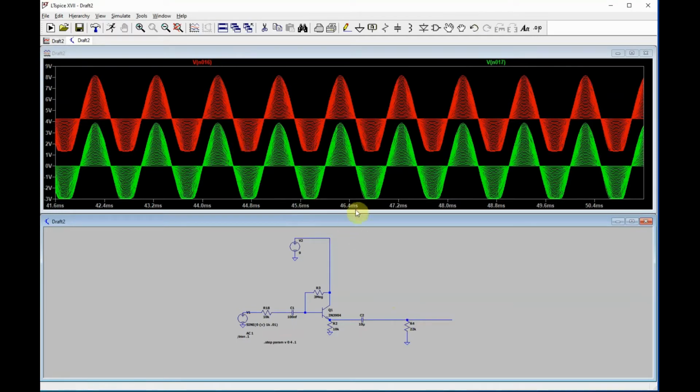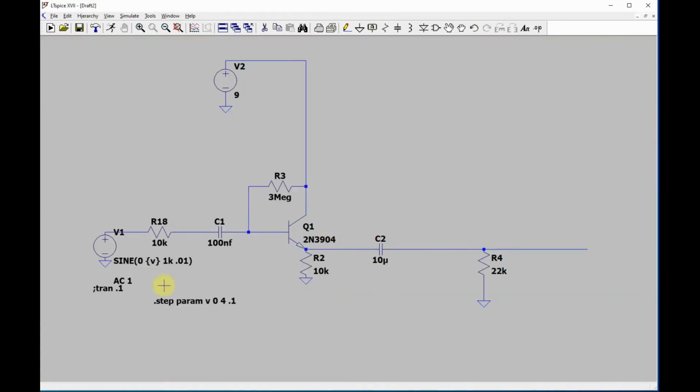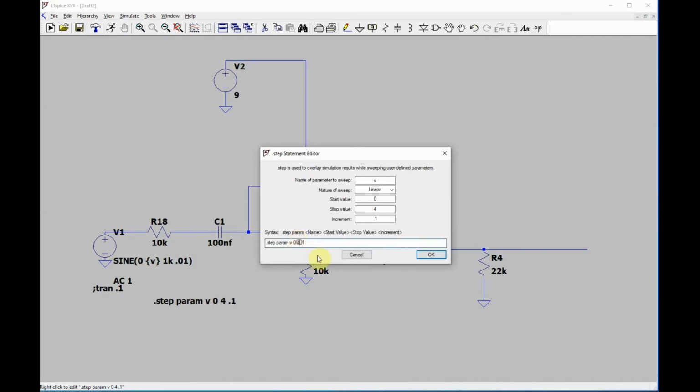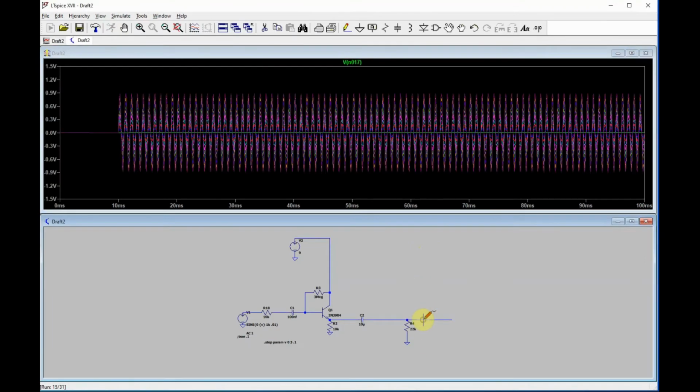So anyways, it looks like using a 9 volt battery, you can produce signals of up to 6 volts peak to peak, which isn't bad, without a whole lot of signal loss.